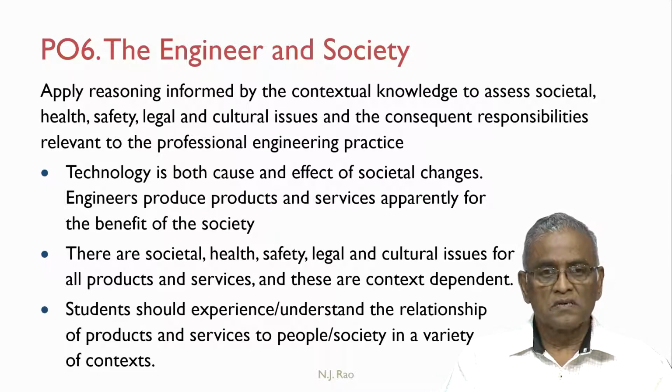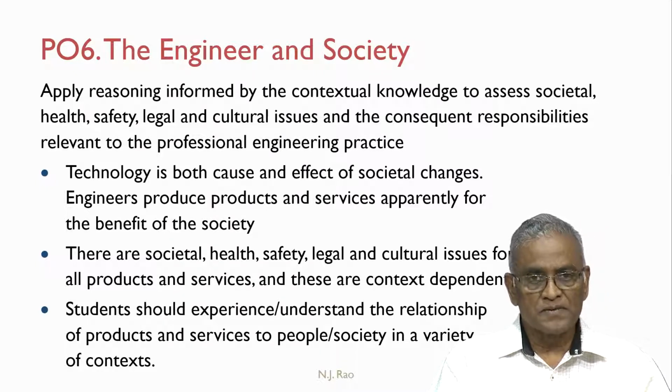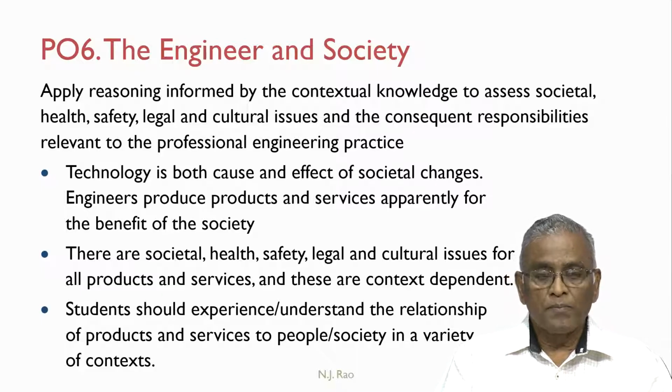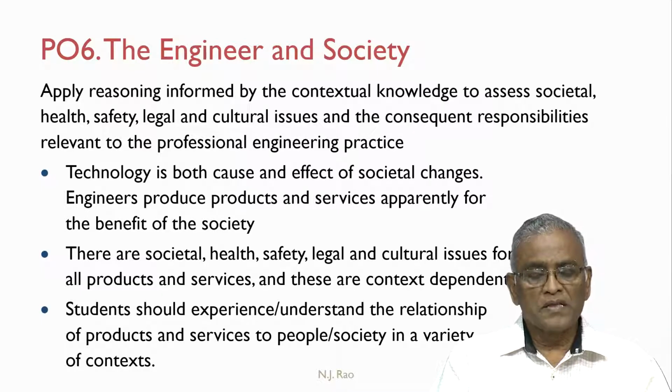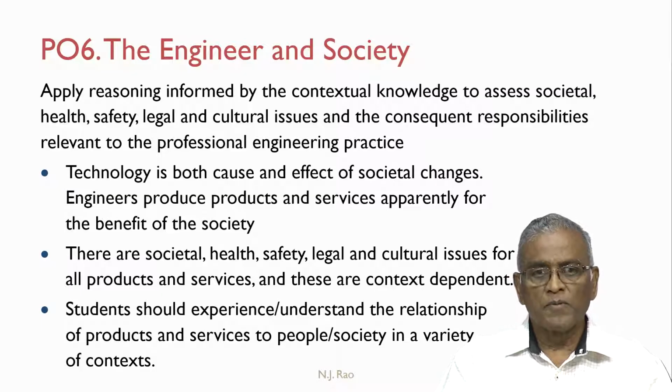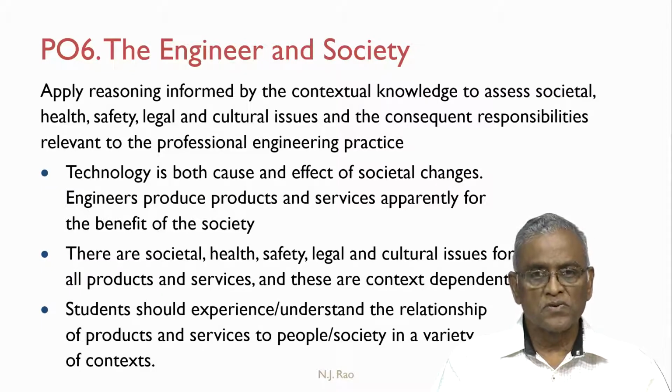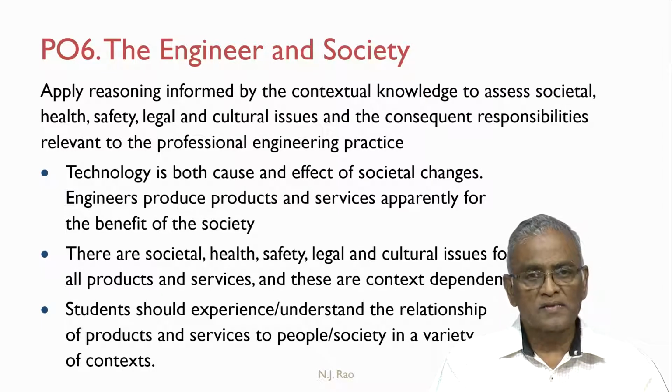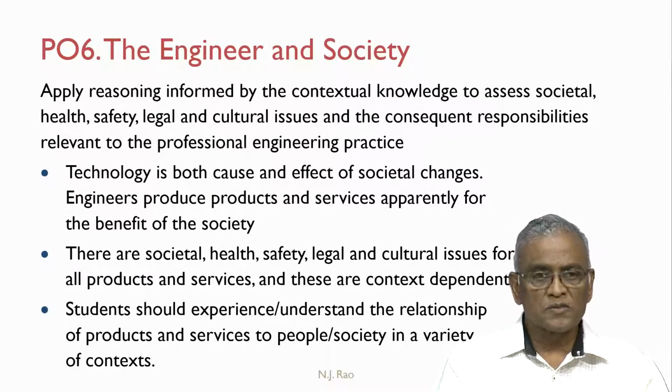PO 6 is labeled as engineer and society. The statement says: apply reasoning informed by contextual knowledge to assess societal, health, safety, legal and cultural issues and consequent responsibilities relevant to professional engineering practice.